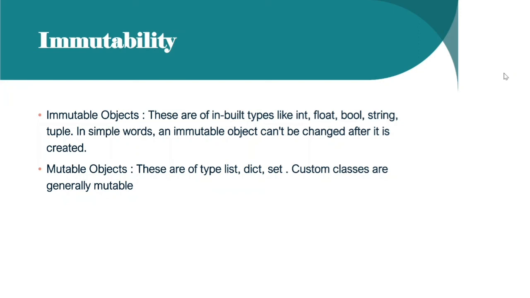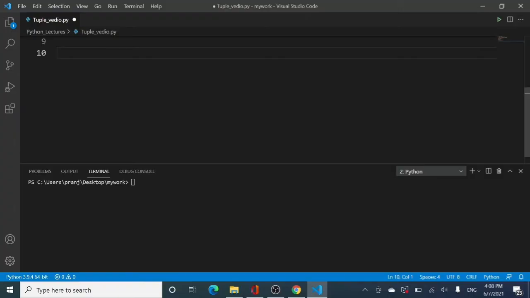So coming back to our Python screen, let us visualize the concept of mutability and immutability, because that is where the major difference between the list and the tuple arises. Here on my screen, I will be creating a list first.